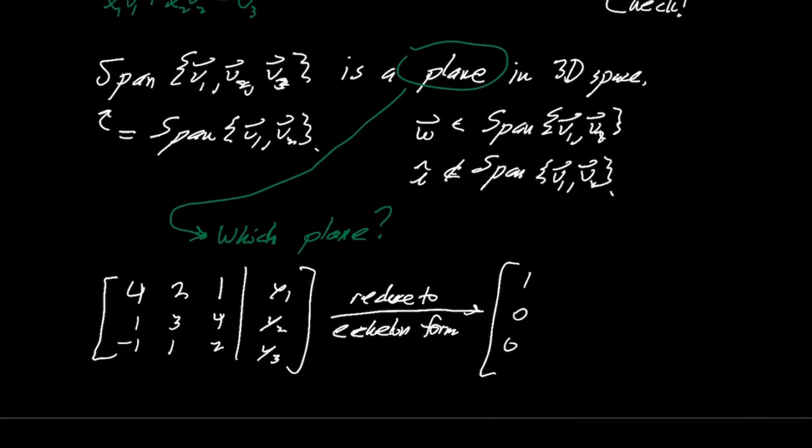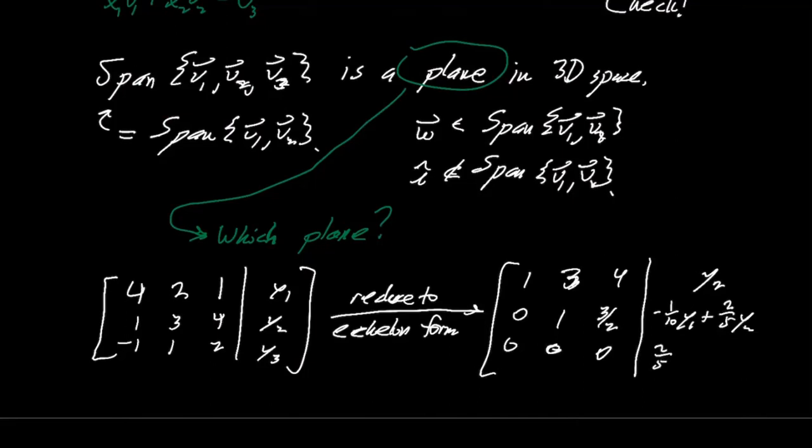You get 1, 0, 0, then 3, 1, 0 is the second column, then 4, 3 halves. It's the same steps you would have done to row reduce. In the augmented column, this is just Y2, this turns out to be minus 1/10 Y1 plus 2/5 Y2. You should probably check this. But then the last one is what's interesting. I get 2/5 Y1 minus 3/5 Y2 plus Y3.